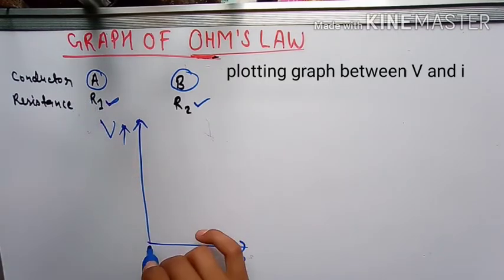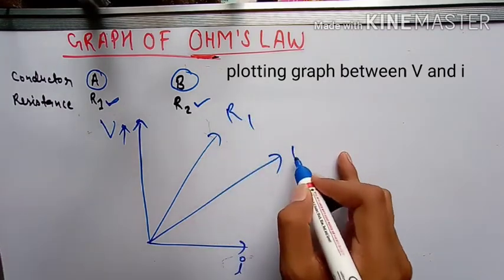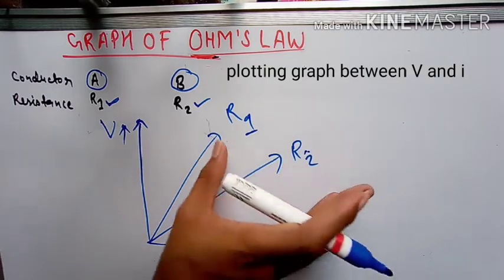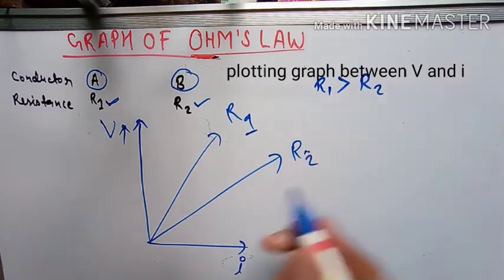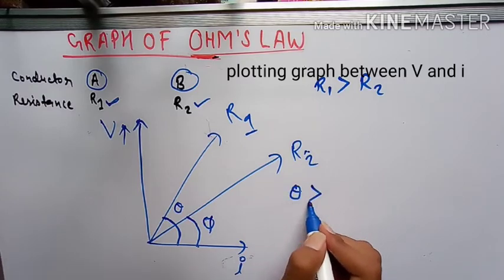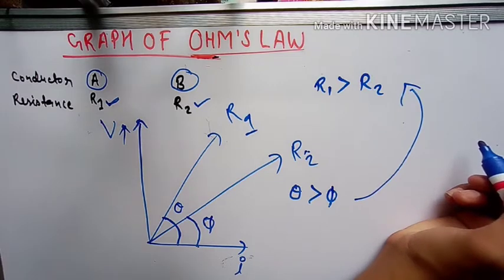I have drawn R1 and R2. In this case you have to be very careful that R1 is greater than R2, because R1 has a greater angle, and greater angle means greater slope. This angle is smaller. You can clearly see, if I take this theta and this phi, theta is greater than phi, so R1 is greater than R2. Did you understand?